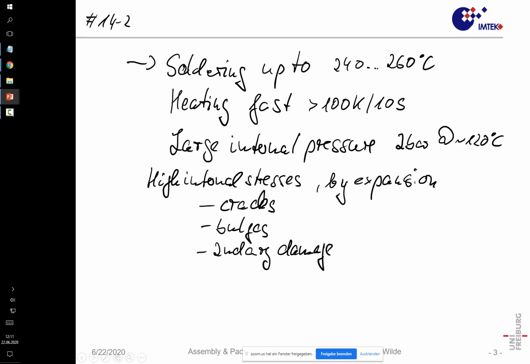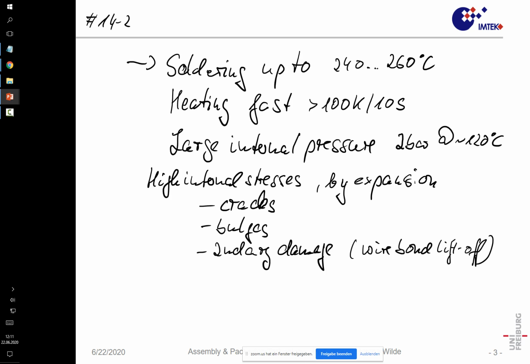What could be such a secondary damage? For instance, wire bond lift off or so. Okay.